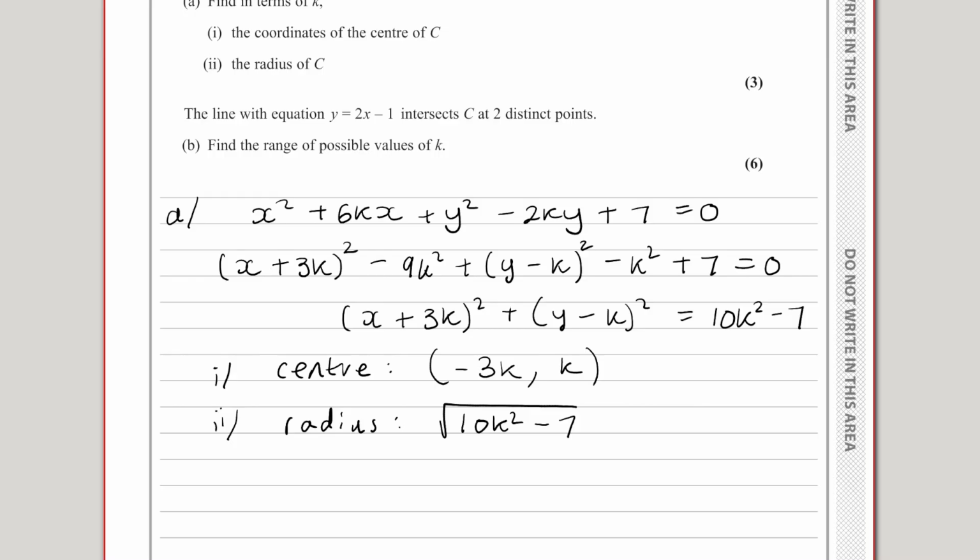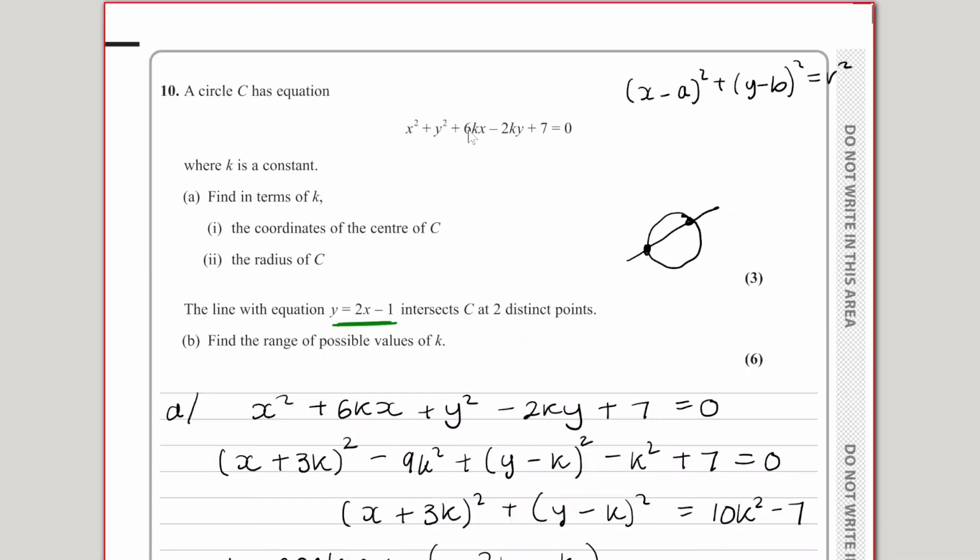The line with equation y equals 2x minus 1 intersects at two distinct points. So we've got 2 points of intersection. That means the simultaneous equations have got two solutions. So if we solve this simultaneously, probably better using our original equation, we can substitute 2x minus 1 in for y in our original.